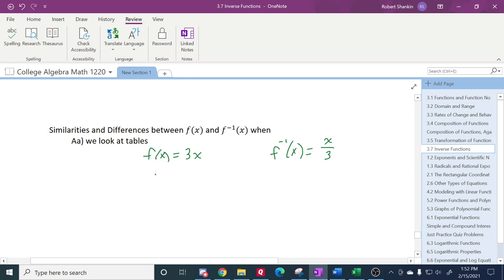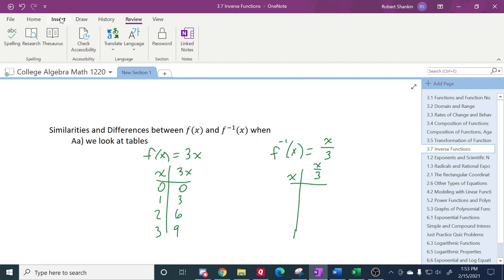Now, when you look at a table of values, here, 0, 1, 2, 3, what do you get? Now, if we look at a table of values here, it'll always be the case.